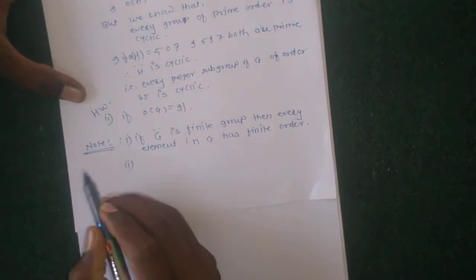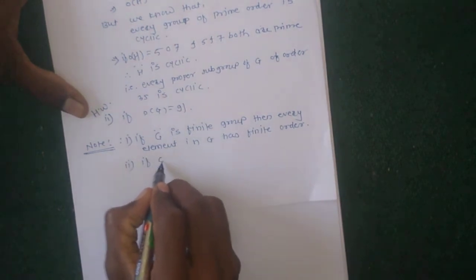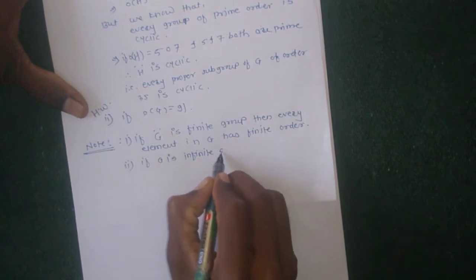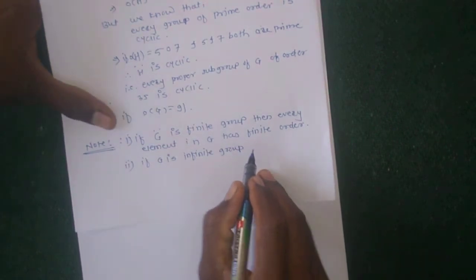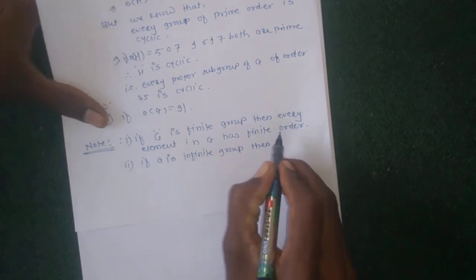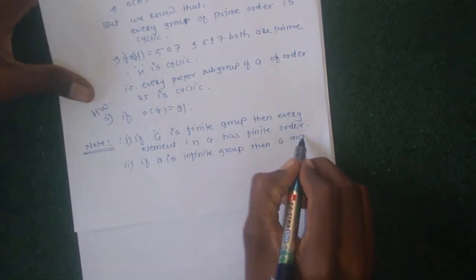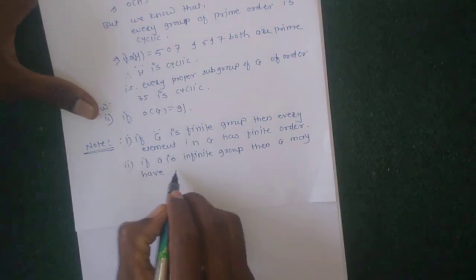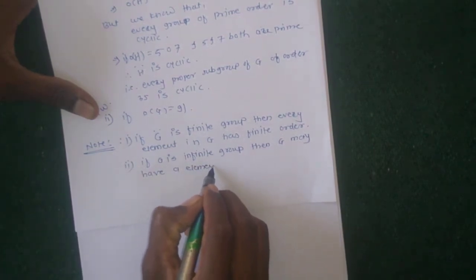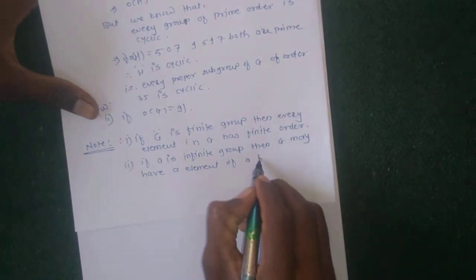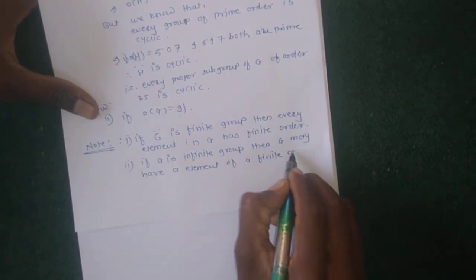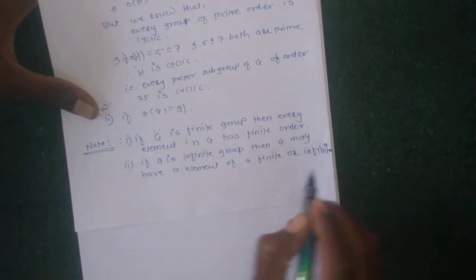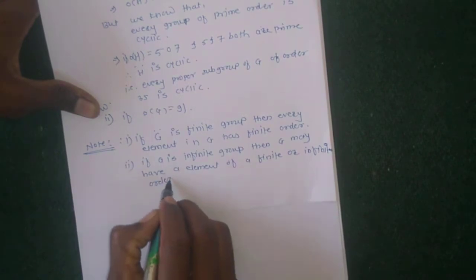Then second, if G is an infinite group, then G may have elements of finite or infinite order. This is the second note.